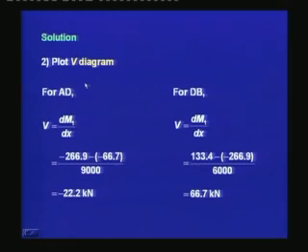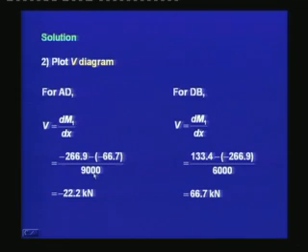The second step is to calculate the shear diagram. For the first section AD, V is equal to dM1 by dx, and we have the end moments, which are 266.9 and 66.7.